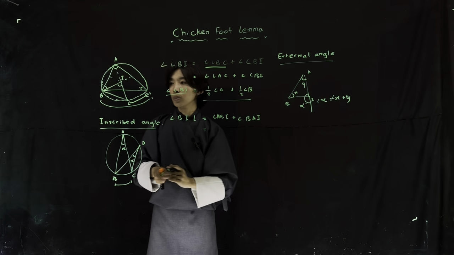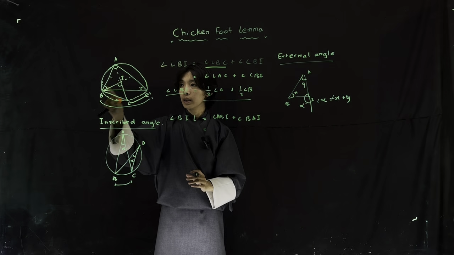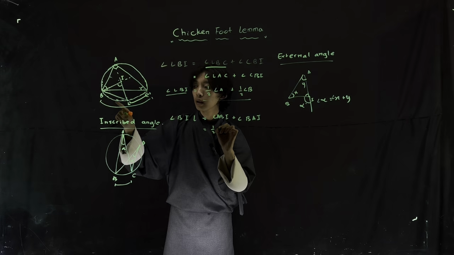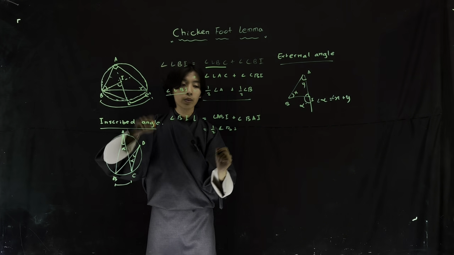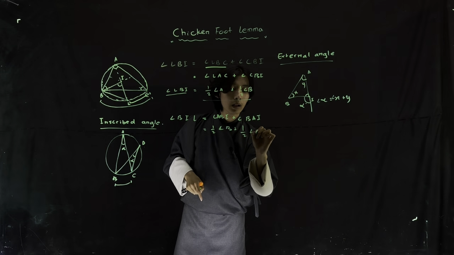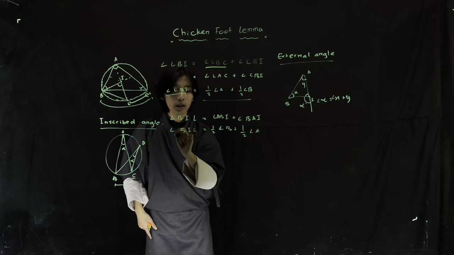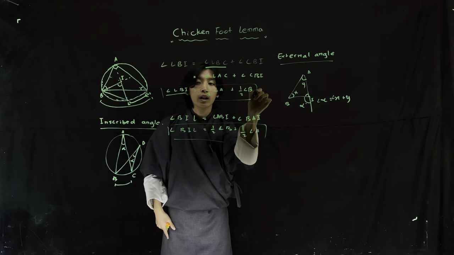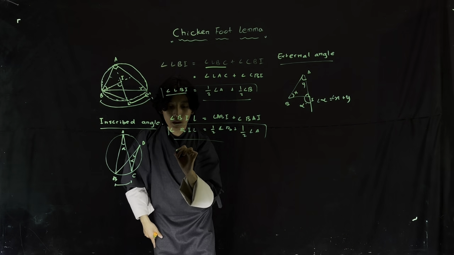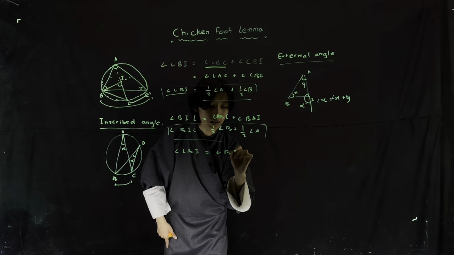The angle ABI we know is half of angle B, and BAI we know is half of angle A. So now we can see that angle BIL and angle LBI are the same. So angle LBI is equal to angle BIL.